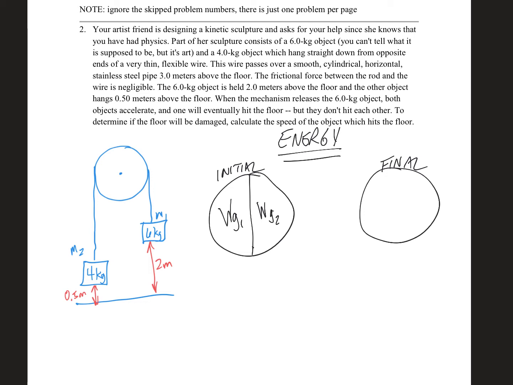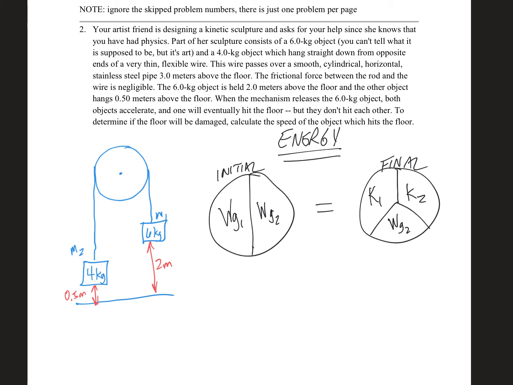Of course, we're taking it right up to this point right before they stop moving, that nanosecond, that nanometer right before the 6 kilogram block hits the ground and stops moving. And so I have two kinetic energies. So I could say kinetic 1, kinetic 2, and the work done by gravity for mass 2. This one here. Okay? So these two have to be equal.